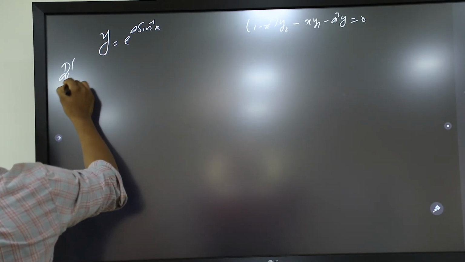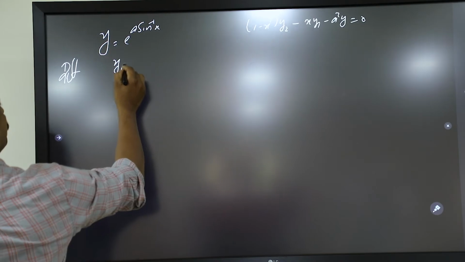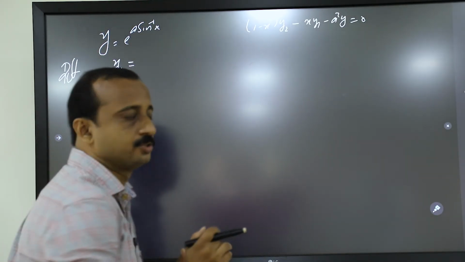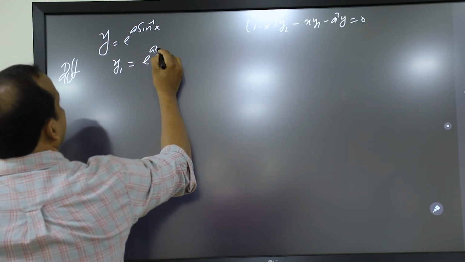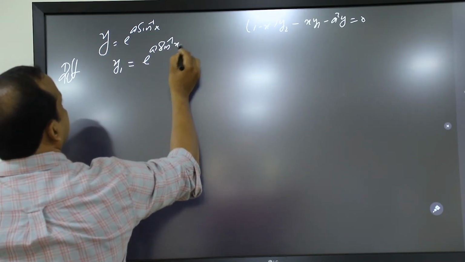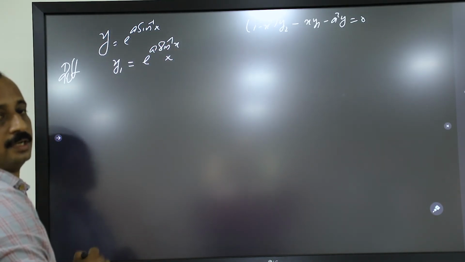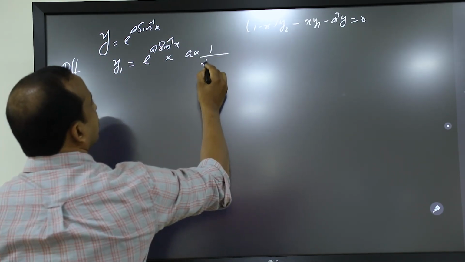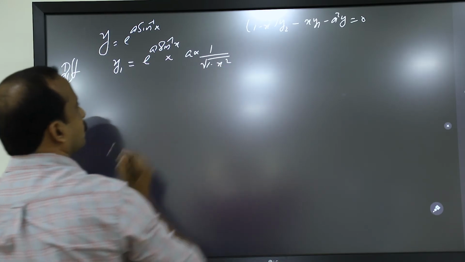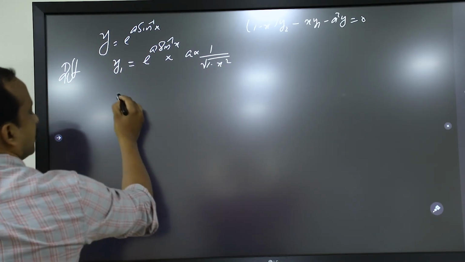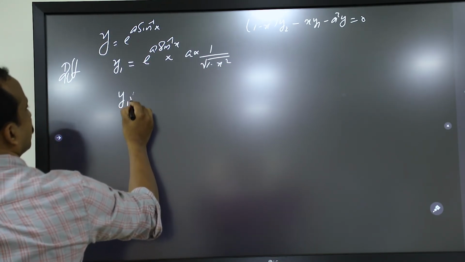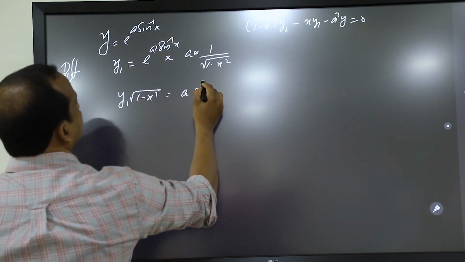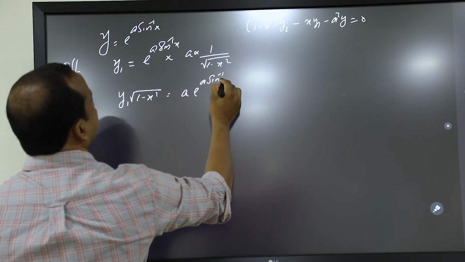First we differentiate with respect to x, therefore y1 is equal to e raised to a sine inverse x into the derivative of a sine inverse x, where a is a constant and the derivative of sine inverse x is 1 by root of 1 minus x square. Cross multiplying the denominator, we get y1 into root of 1 minus x square is equal to a into e raised to a sine inverse x.